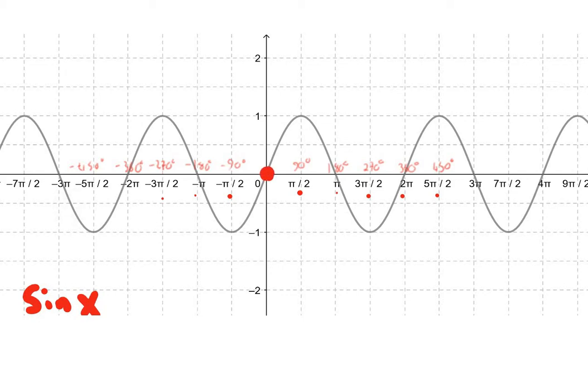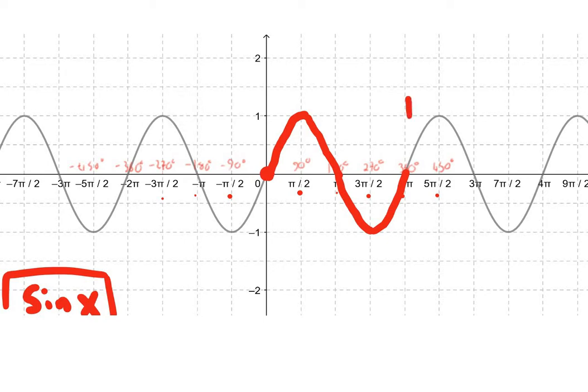Right, sine wave, if it's just sine of x, it starts here at the origin, it goes up to 1, so it hits 1 at 90 degrees, it comes back down, it hits 0 at 180 degrees, it goes down then to minus 1 at 270 degrees, and back up to 0 at 360 degrees.